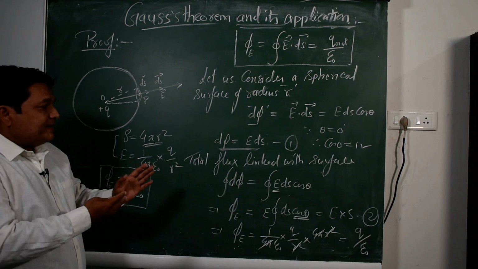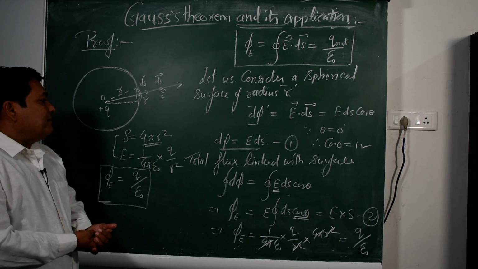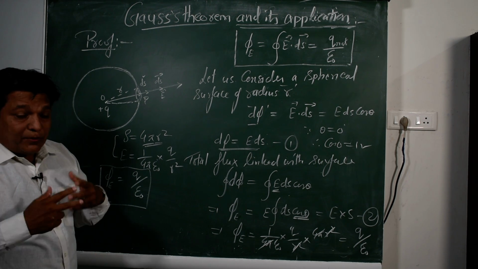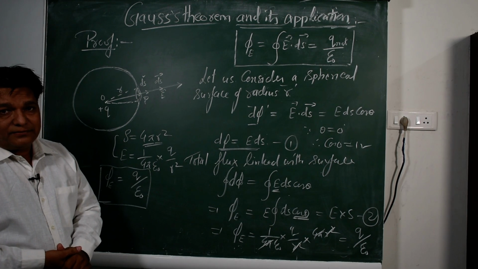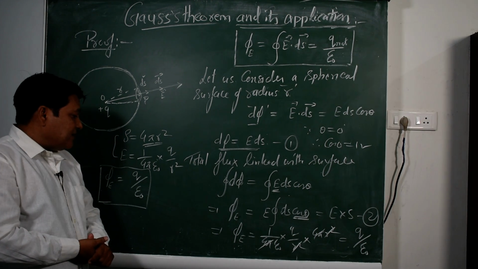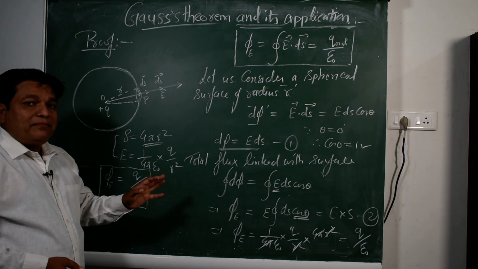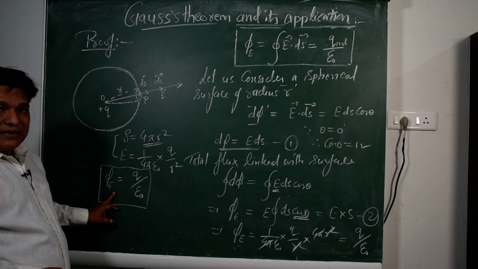Now since we have done this derivation or proof of the Gauss theorem by considering the charge in free space, suppose in case of a dielectric constant, or we use any medium there, then what will be the value of the total flux linked with the surface?